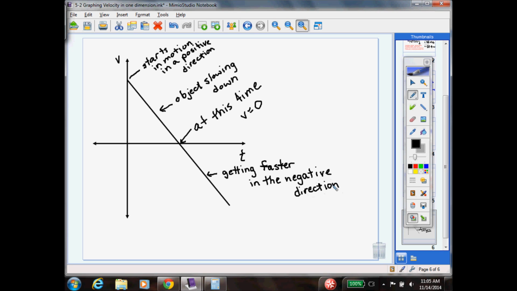And really the reason that we can use this in real life problems is because of what's going on in this scenario. The object is starting in a positive direction. It's slowing down. At one particular instant it's 0, but then it starts getting faster going backwards, or in the negative direction. The whole time, the acceleration is the slope.